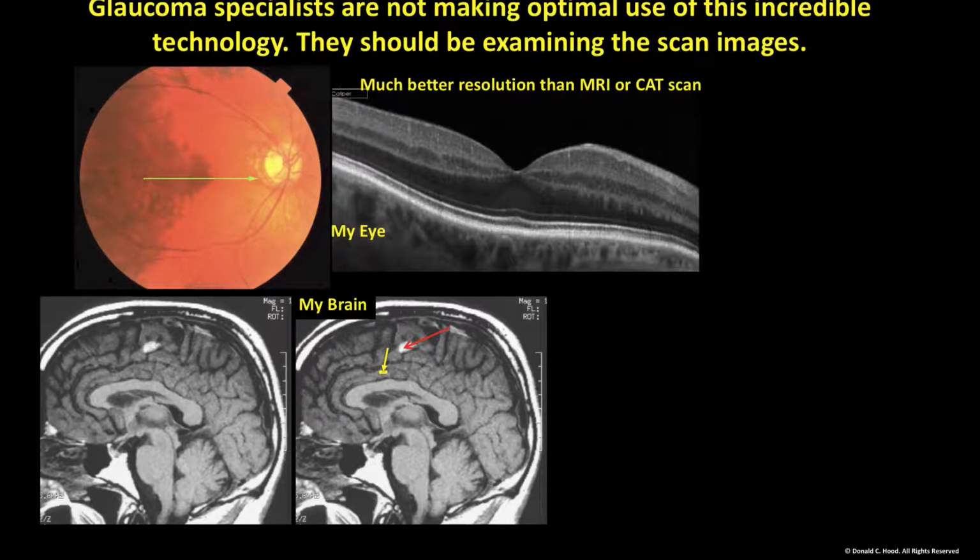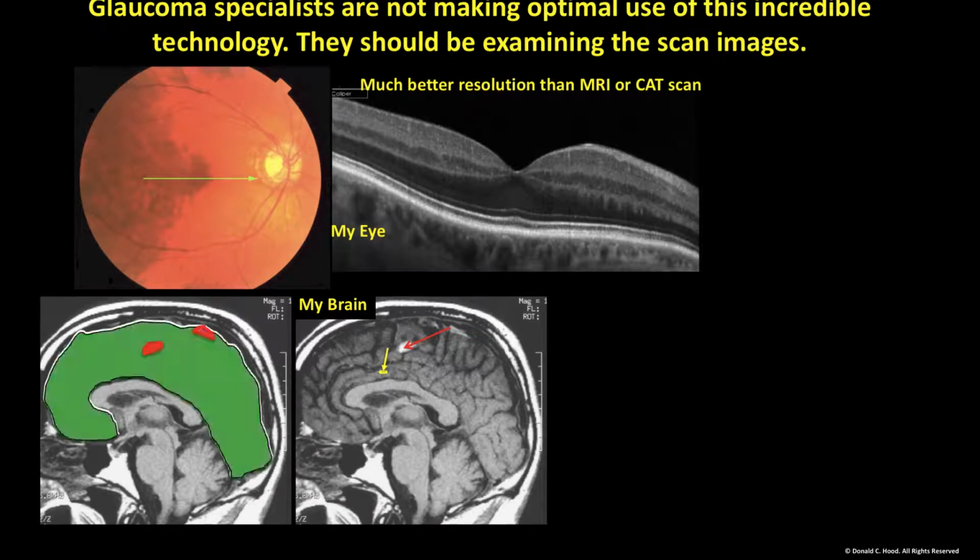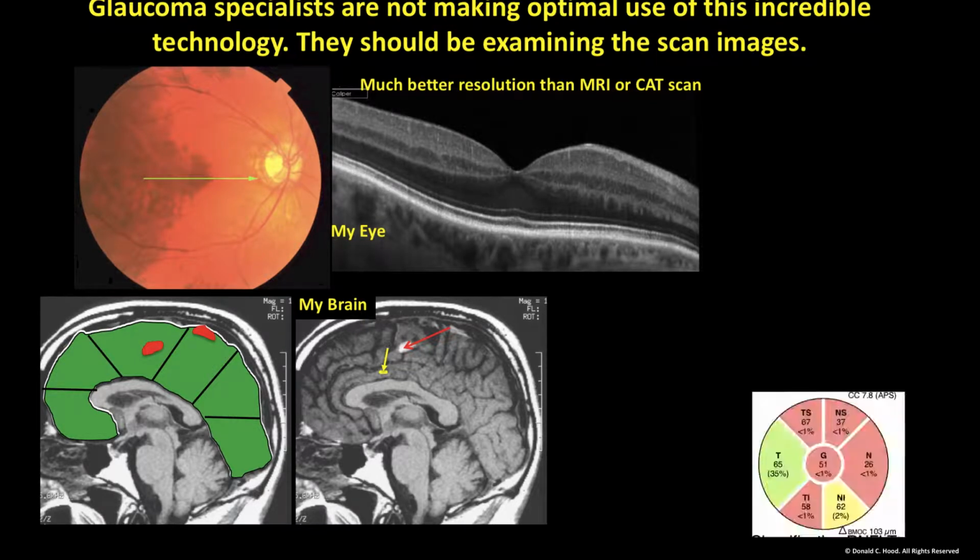Now, would you want the radiologist to have a program where they segmented the outer edges of the brain, then segmented the hot spots the way the OCT algorithm segments the retinal nerve fiber layer, and then indicates with red and green where the normal and abnormal regions are, and then maybe chunks it up and creates a pie chart? This is actually an OCT pie chart, something like this. And then have the radiologist read this to find out what's happening with that. Well, that's what we're sort of doing with glaucoma, right?